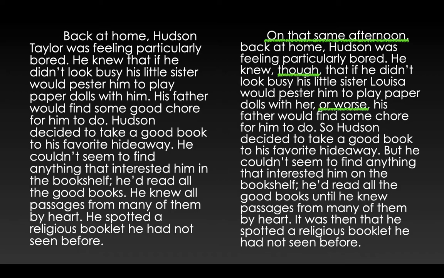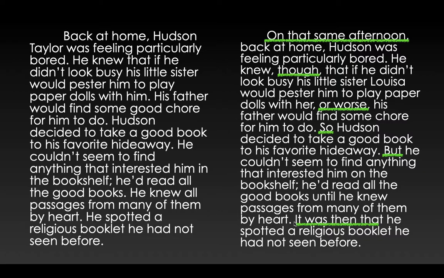Because if you look at the paragraph which doesn't have any transition, you can see here, he knew all passages from many of them by heart. He spotted a religious book that he had not seen before. What? Yeah, that would be the question. Like, what are you trying to say here? I cannot understand.